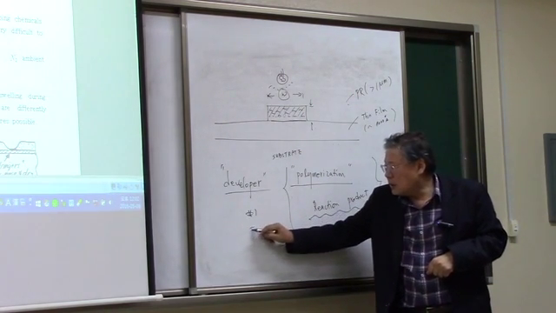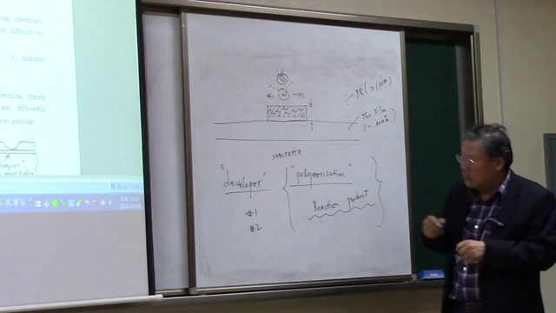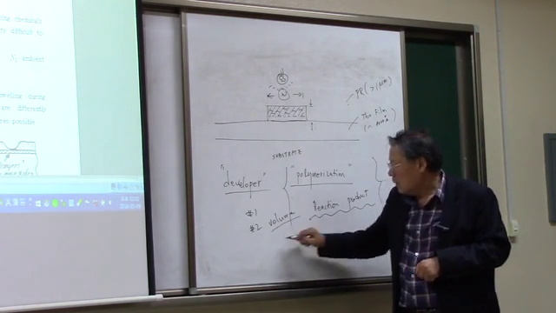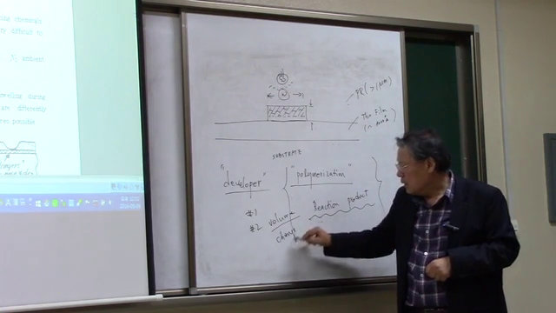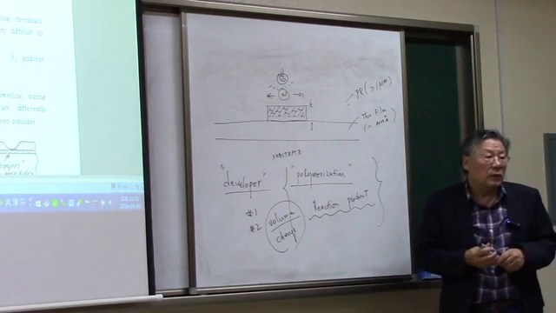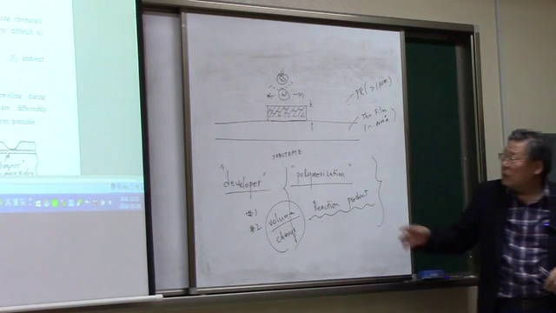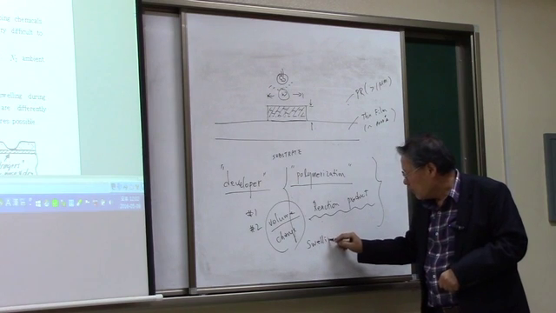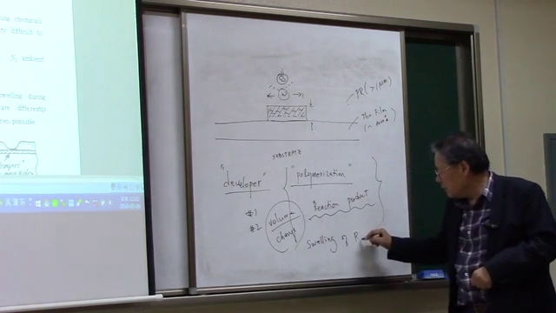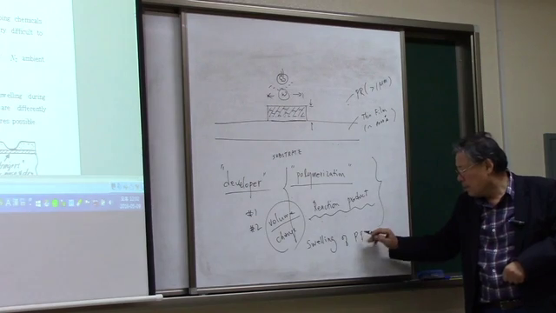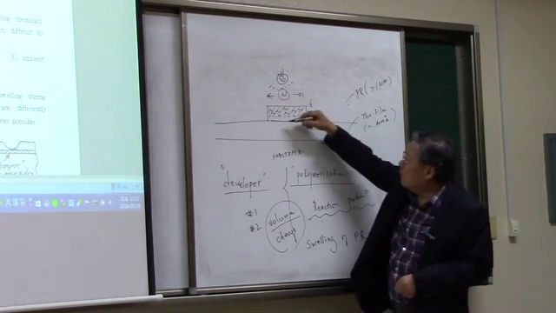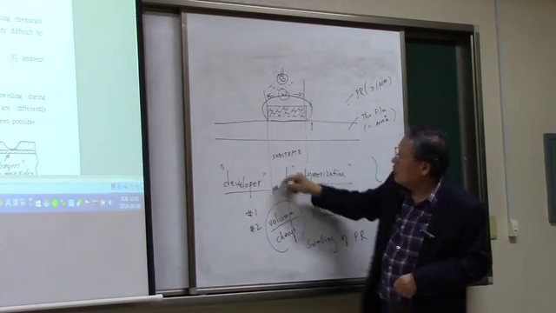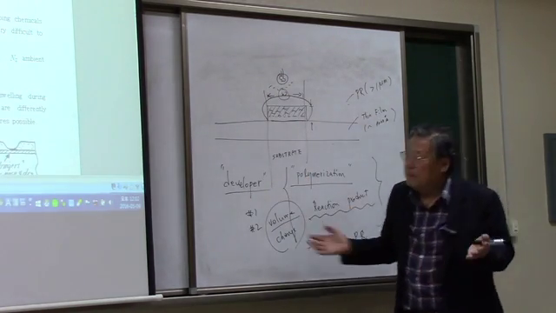Okay, and the second thing is, with this polymerization, the volume is going to change. Volume change is inevitable. We call that the swelling of PR. So it becomes something like this, okay? Then it's going to ruin the resolution as well.